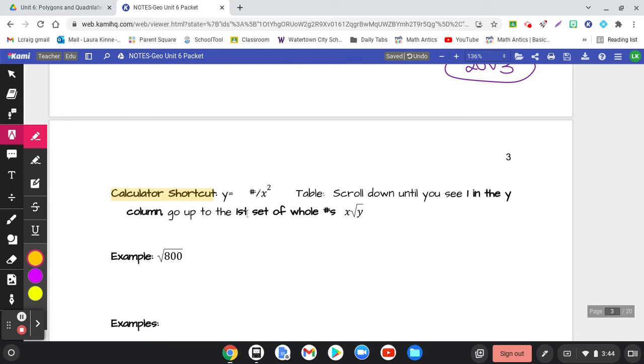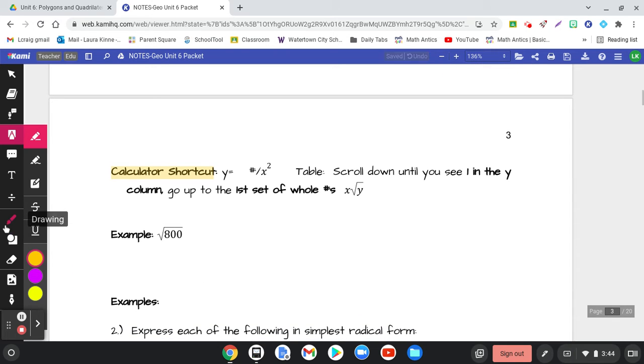And what that does is it gives you a list of all the possibilities. You're going to scroll down in the table until you see 1 in the y column, and then go up to your first set of whole numbers above it. And you're going to write it in this form. And you might be saying, what? No idea what she just said. That's okay. Let's look at 800 doing it by hand.